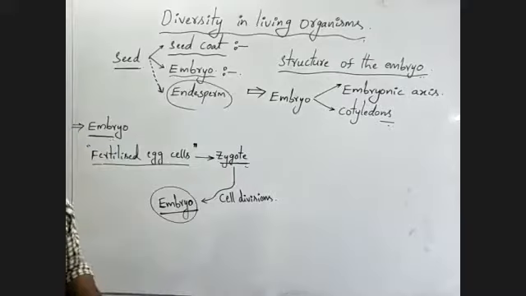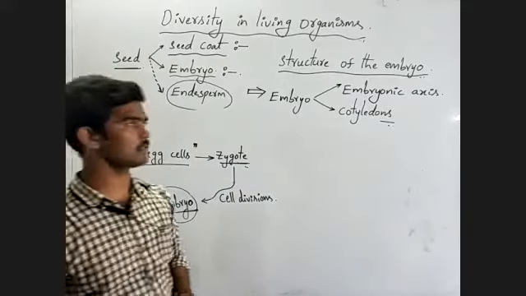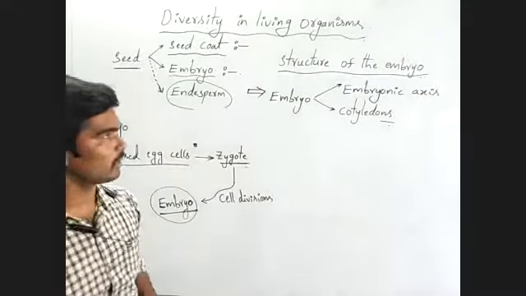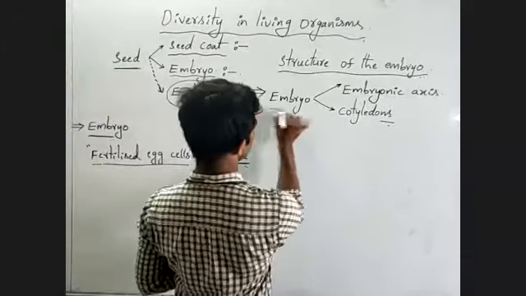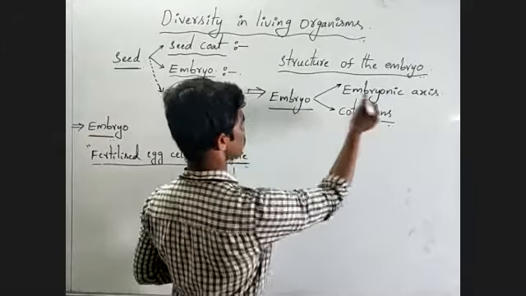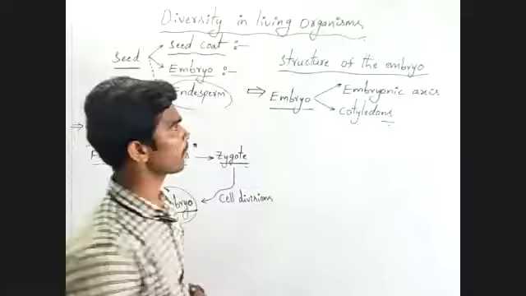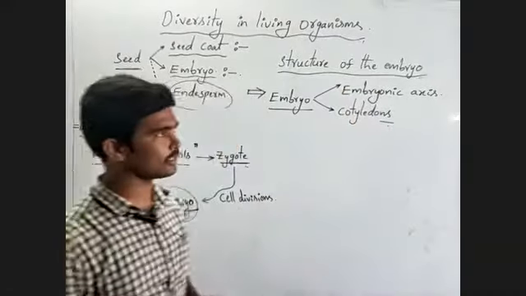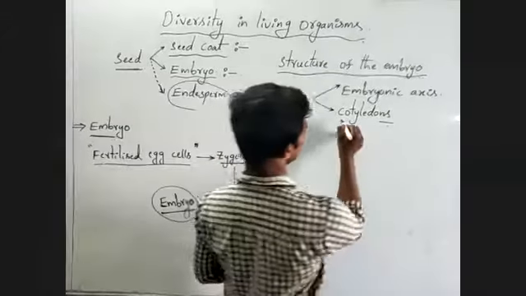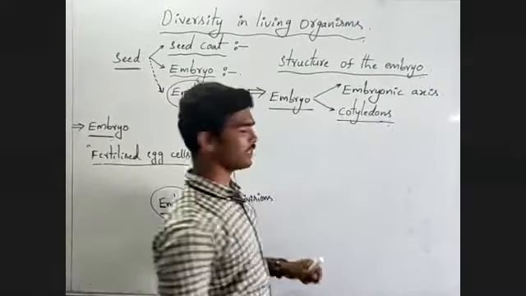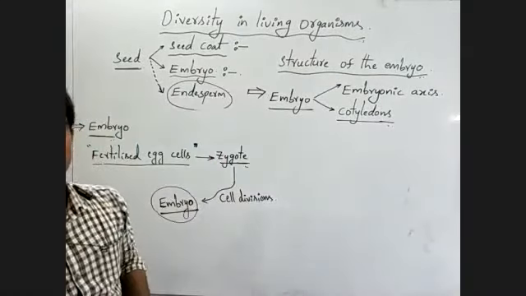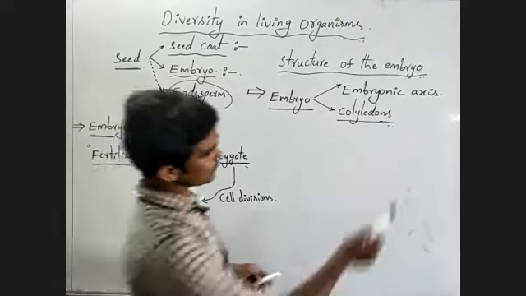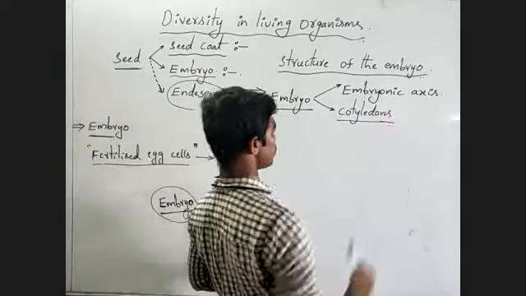Observe carefully. The embryo has two important parts. First one, embryonic axis. Second one, cotyledon. What is the embryonic axis? It is a very important part.